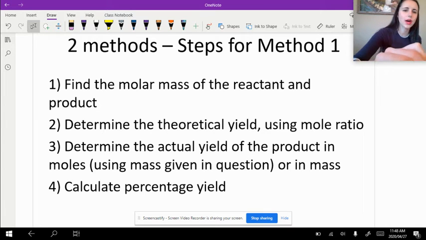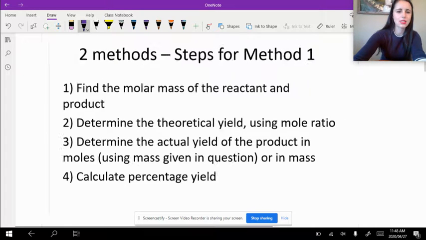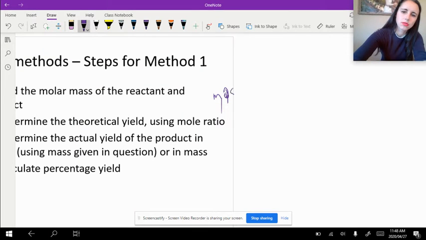So I just want to remind you of the steps that we're going to be doing as we go through. This is a great summary, but essentially what we're going to be doing is we're going to go from mass to moles. We're going to use that molar ratio.